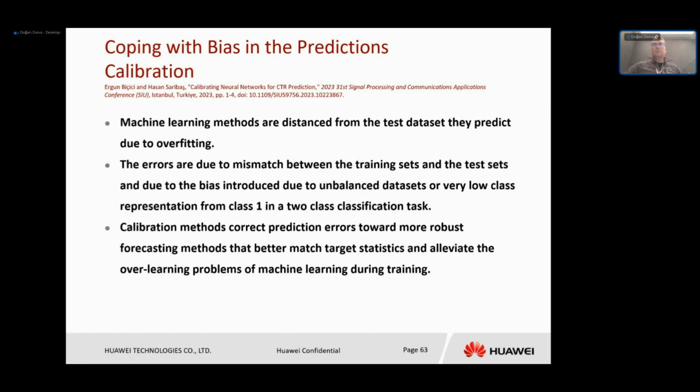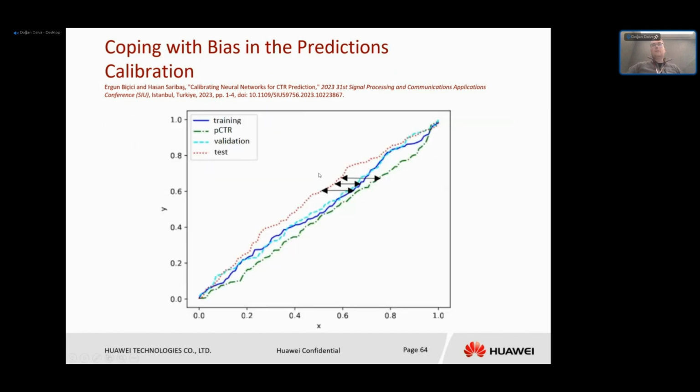As I mentioned, there can be differences in the distributions of the CTR values in the training set, validation set, and test set, and the p-CTR can also be different. So our goal is to make the p-CTR distribution close to the test set CTR.